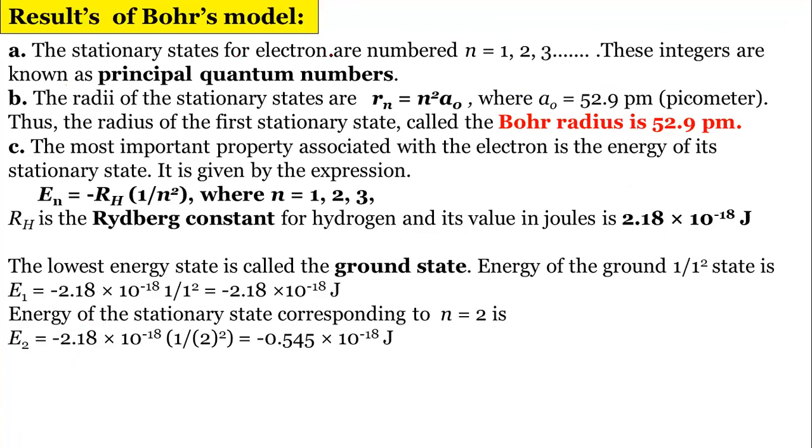The stationary states of electrons are numbered. This is principal quantum number K L. This is also K L M N, like this.